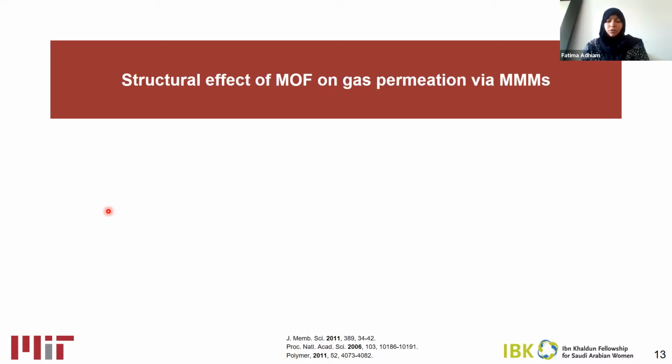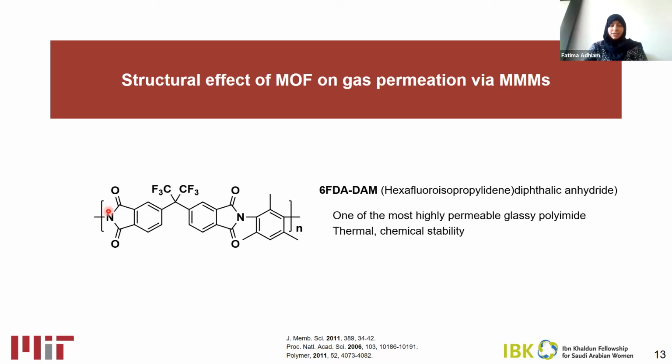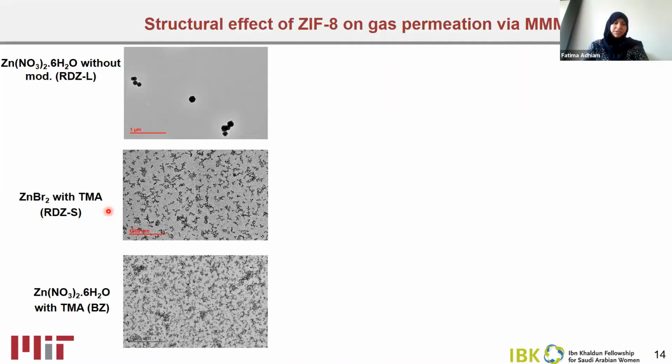The typical or basic polymer that I've used in this regard is 6FDA-Durene. I use this polymer because it possesses thermal and chemical stability and showed good gas separation performance. And I have chosen 3 different morphologies.